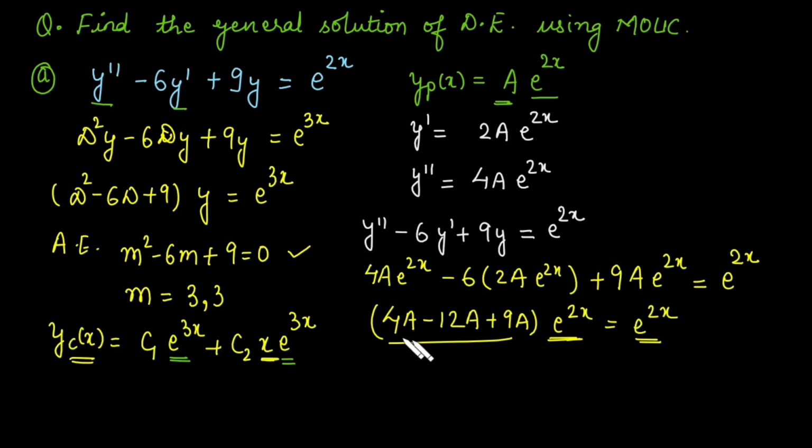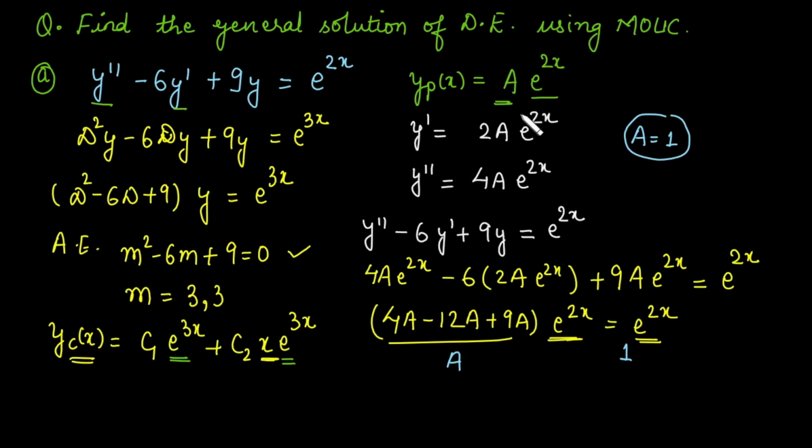So we can say that this term is equal to 1. The simplified form of this term is (4 minus 12 plus 9) a. So this term must be equal to 1. That is only possible when the value of a is equal to 1.